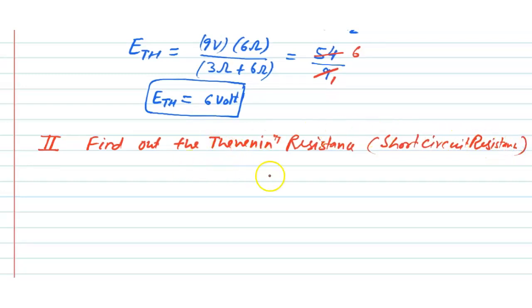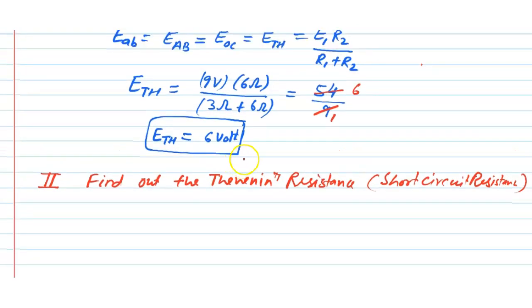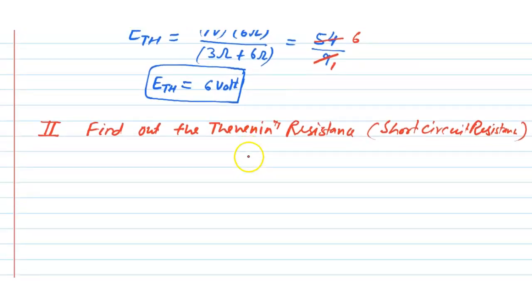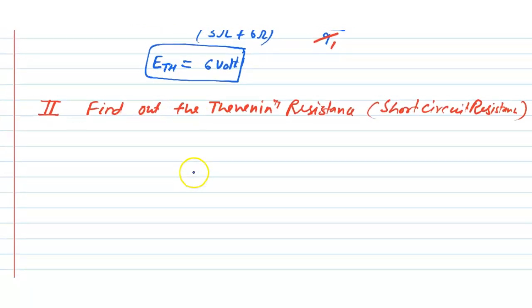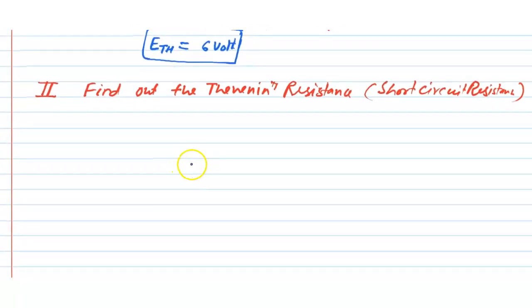In order to find this resistance, you have to remove the voltage source from the circuit, and if there is any current source, then remove it and open that path in which the current source is connected.